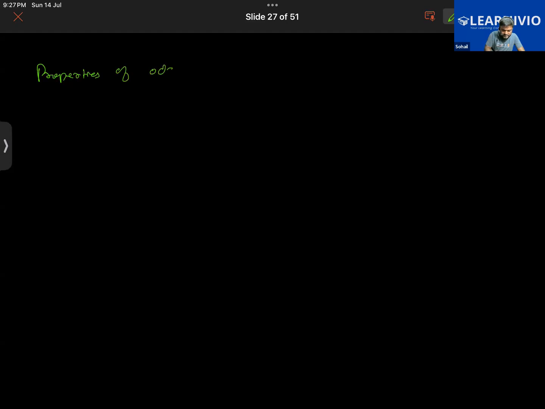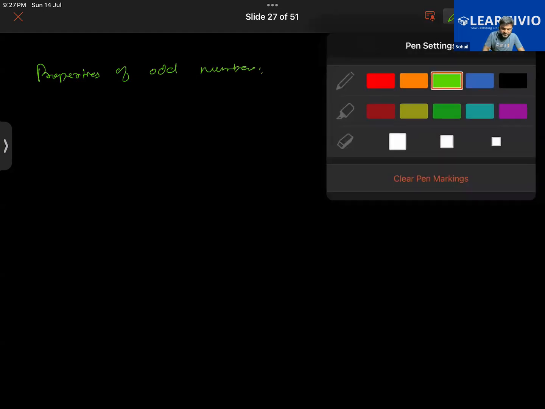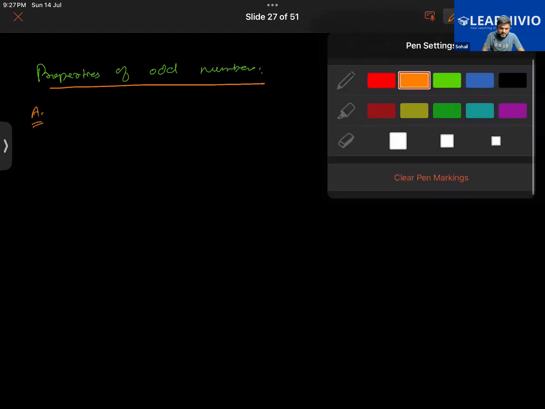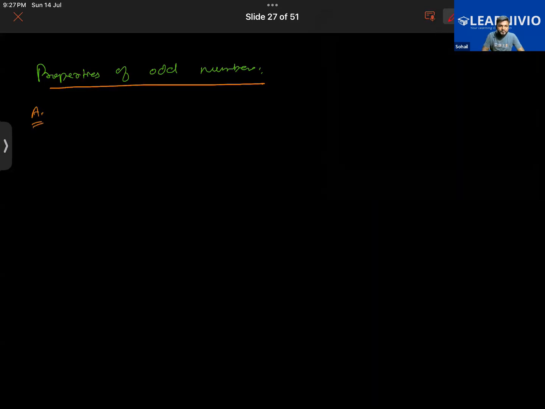of odd numbers. So first thing do tell me, when we were adding two odd numbers, what kind of numbers were we getting? Do you recall this? We did learn this moments ago, in the case of even numbers.